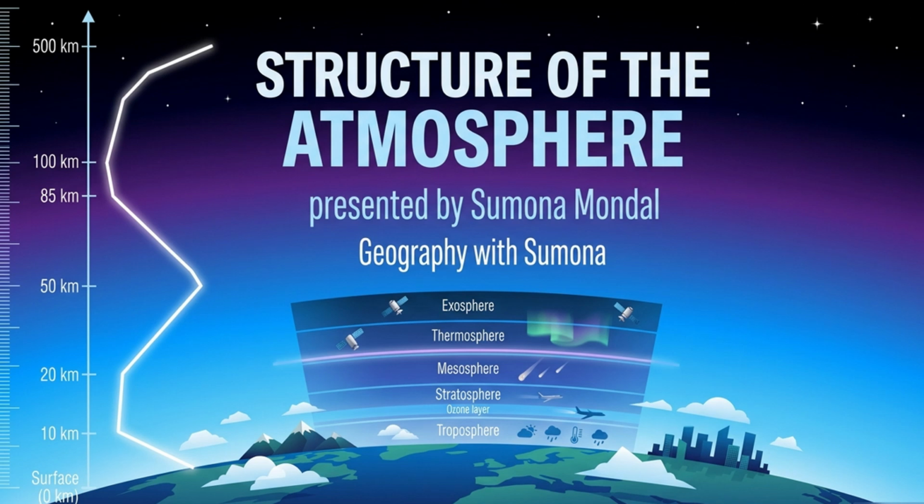Based on changes in temperature, composition and other physical characteristics, it is divided into several distinct layers. In this video, we will learn about these different layers of the atmosphere, their important characteristics and the phenomena that occur within them. So let's begin today's topic.